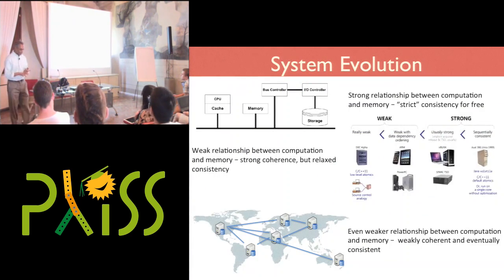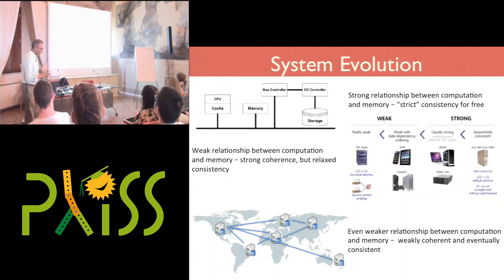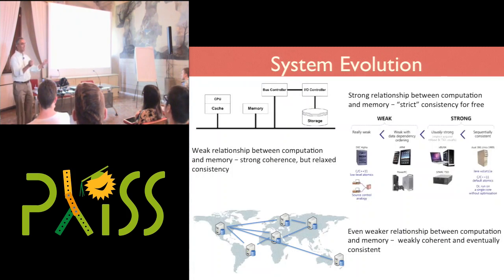So if you think of the way systems have evolved, in the beginning, we had systems which had a very simple interface between the computational units that they manipulated and the storage itself, right? There was a little bus, a little channel through which computation gets run on one side and it accesses storage and data on the other, right?